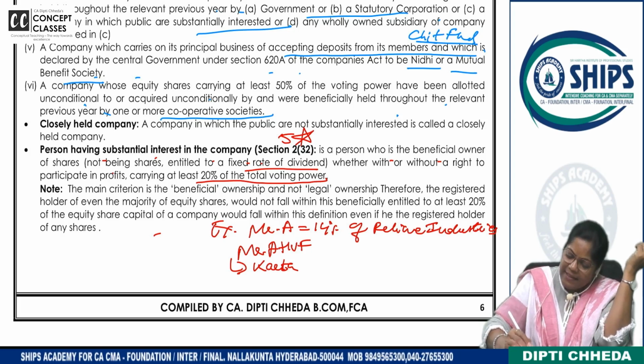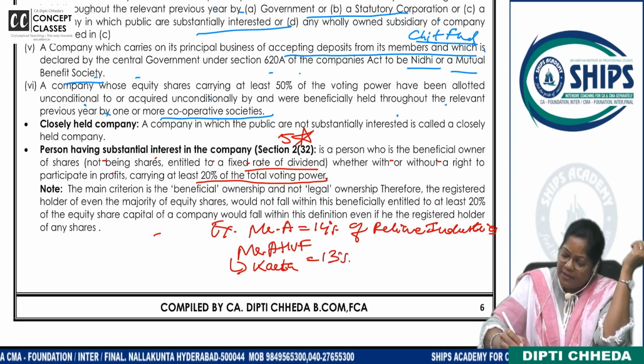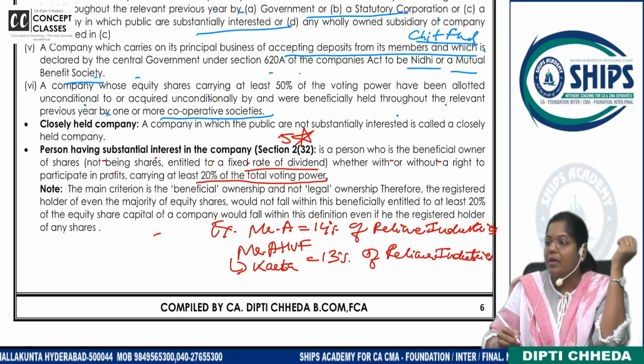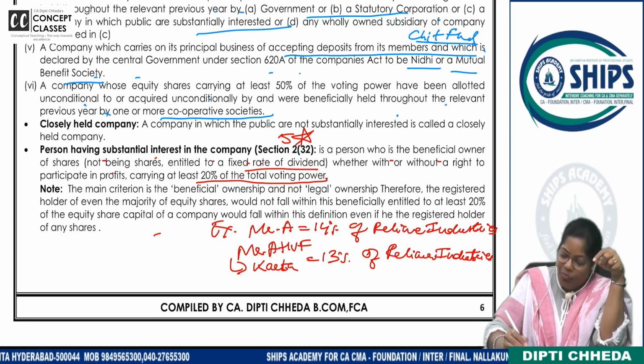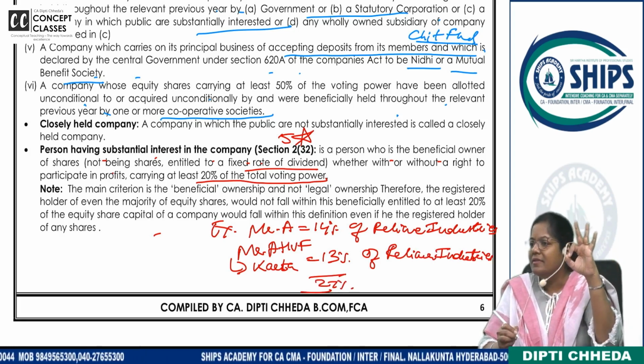So Mr. A's HUF is holding 13% shares of Reliance Industries. So whenever they ask the shareholders to vote and all, Mr. A would be voting for 27% shares.